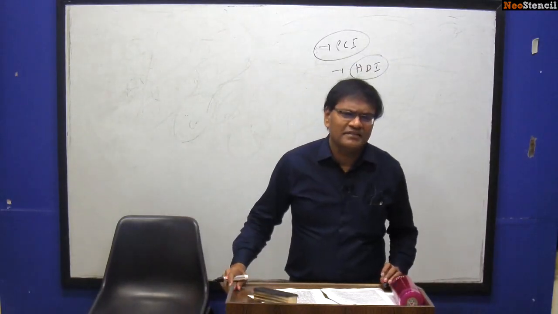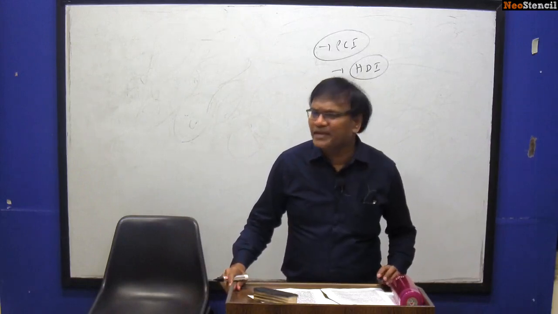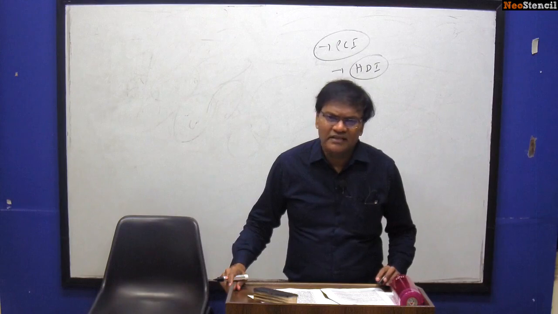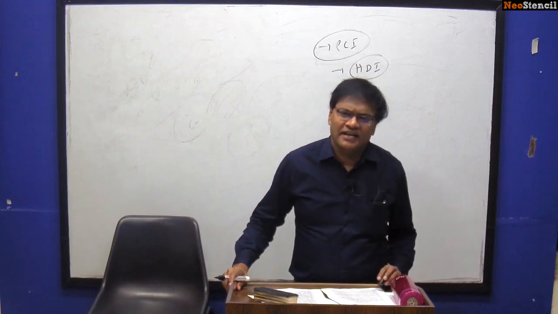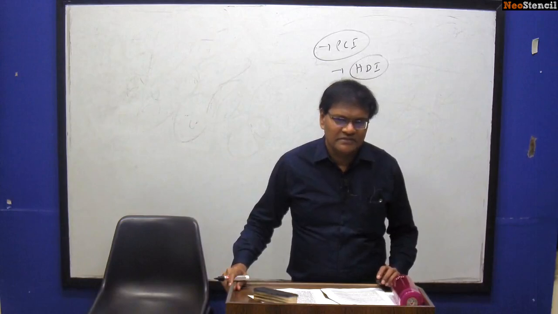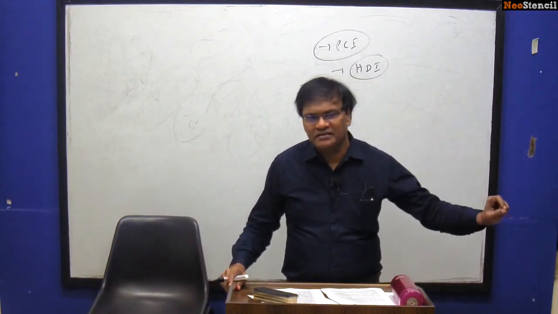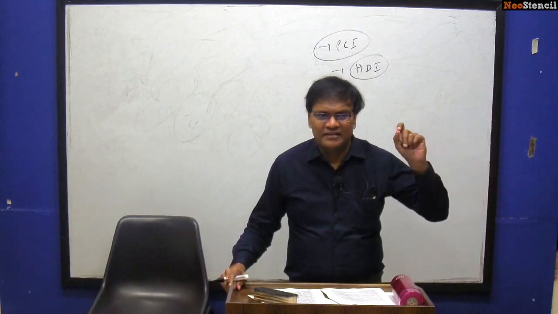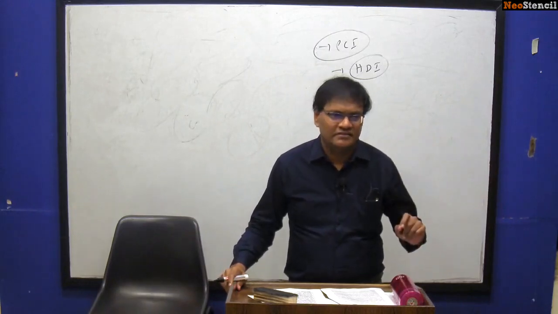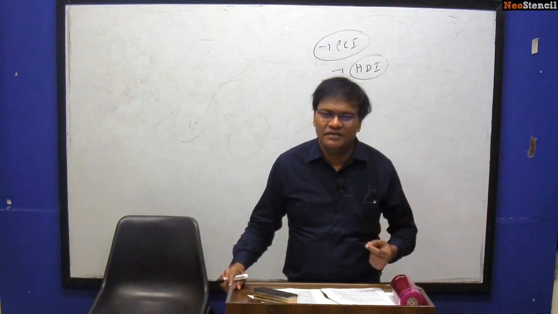Even the Human Development Index was not providing a true picture regarding the incidence and intensity of poverty in a country. That means the number of poor people in the country. Second one is how poor they are. Intensity of poverty. Incidence and intensity of poverty.